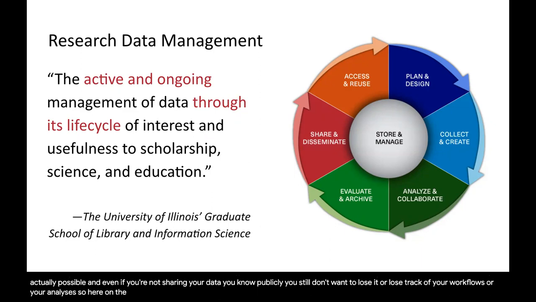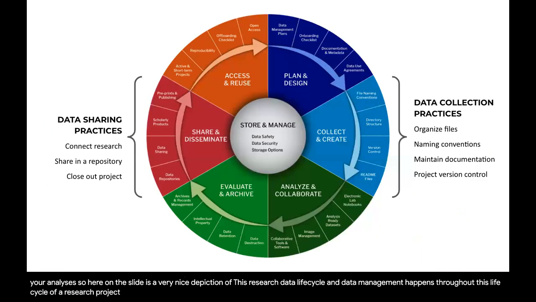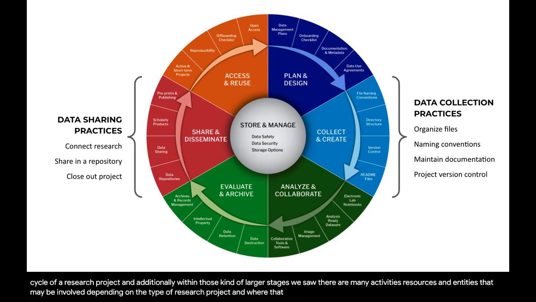So here on the slide is a very nice depiction of this research data lifecycle, and data management happens throughout this lifecycle of a research project. And additionally, within those larger stages we saw, there are many activities, resources, and entities that may be involved depending on the type of research project and where that research is occurring.